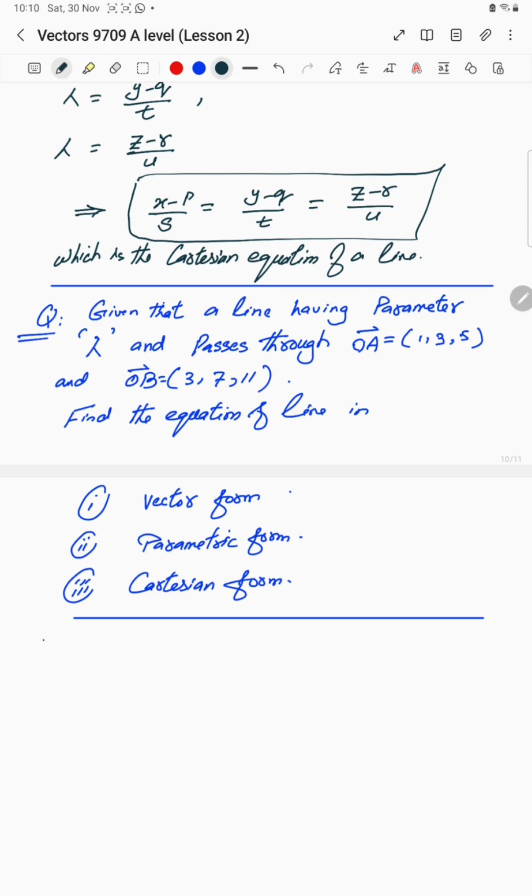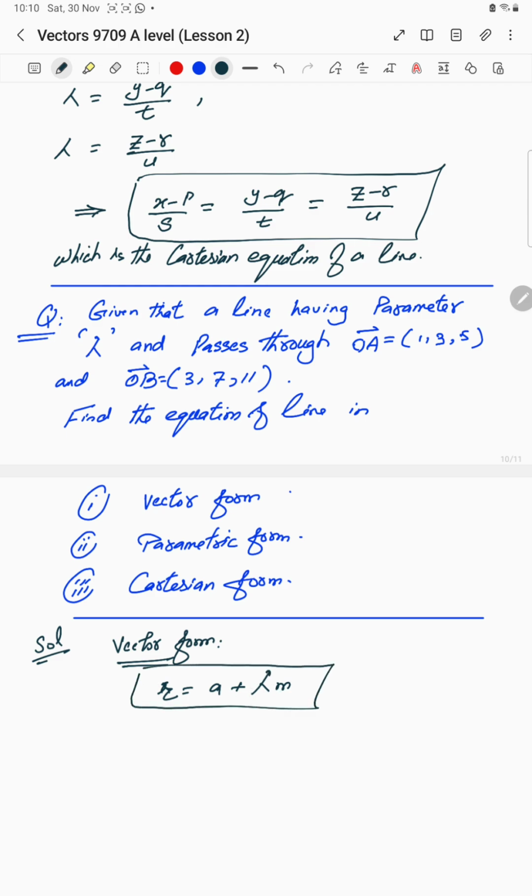The first one, if you want to solve this in vector form, we know r is equal to a plus lambda m, as we have discussed. So this is the equation of the line in vector form. Here we first need to find the point.